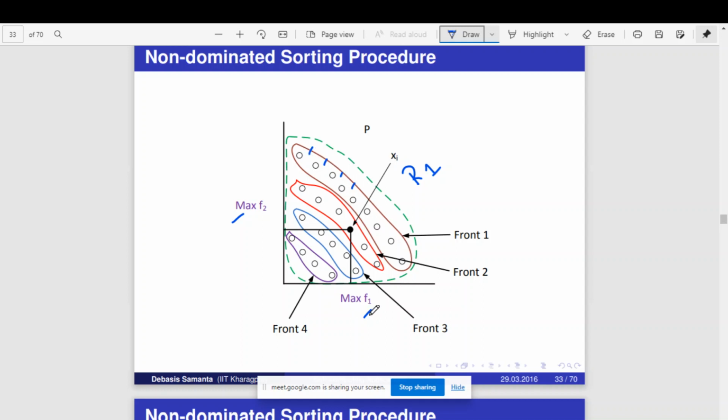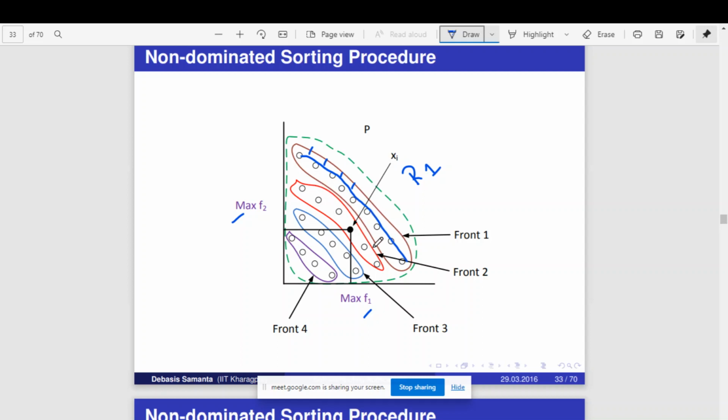F1 maximum means it should be towards the right, and F2 maximum means it should be towards the top. If you see this, they are almost lying on the same line. So all these individuals will have the same rank, and they are not dominating each other.